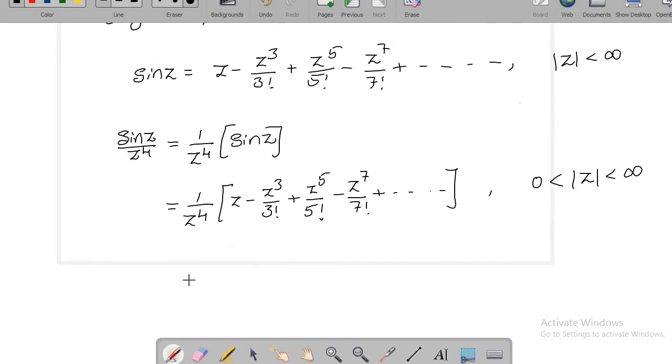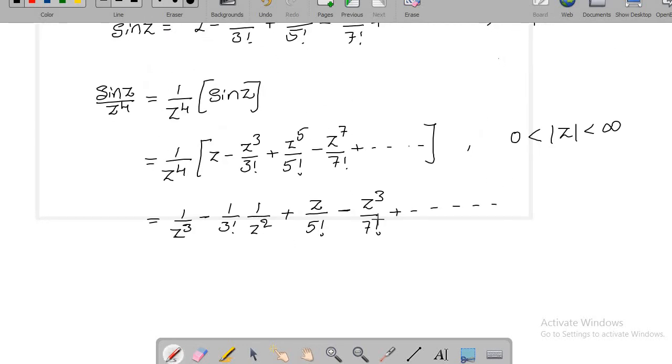Now when you multiply with 1 by z power 4, the first term here is 1 by z cube minus 1 by 3 factorial into 1 by z square plus z by 5 factorial minus z cube by 7 factorial plus and so on.